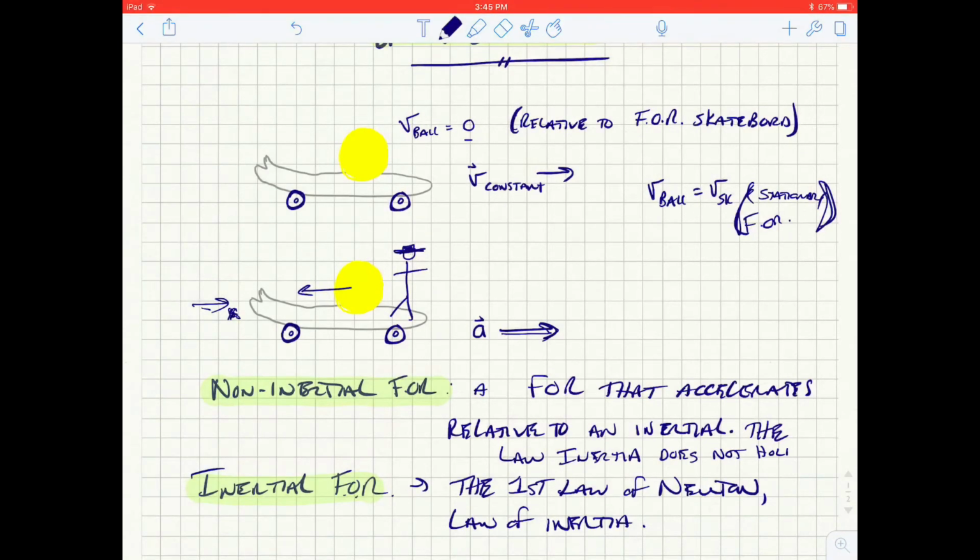What that means is, apparently, if we're in the accelerating frame of reference, the object that's moving, the yellow ball moving towards the tail, has no visible force acting on it, but it seems to be accelerating nonetheless. So there is no force acting on that yellow ball pulling it towards the tail, but it sure looks like there is, from the perspective of the non-inertial frame of reference.